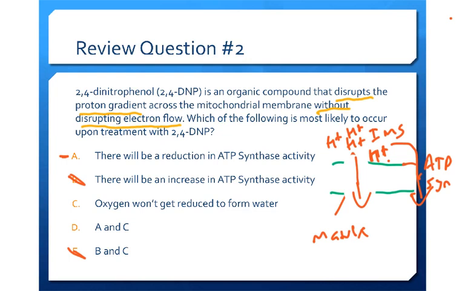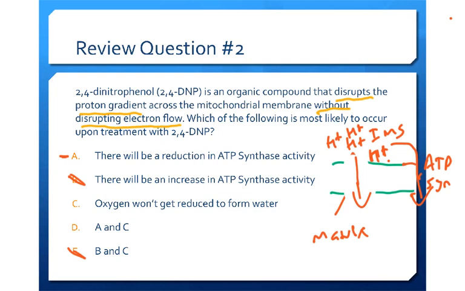So, the whole point of oxygen being the final electron acceptor, I'm sure you guys have heard that before. Oxygen being the final electron acceptor just means that when the electrons get dumped off of our electron carriers, those being NADH and FADH2, they can flow through the electron transport chain, land on oxygen, and reduce it to form water.